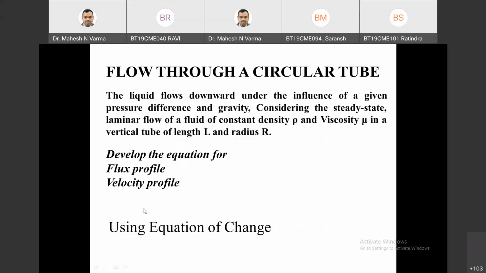Now, how many equations of change do we have? Roll number 41, Mithilesh. Roll number 42, Rishikesh.